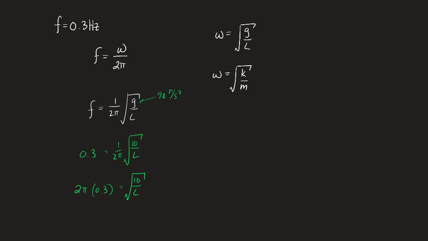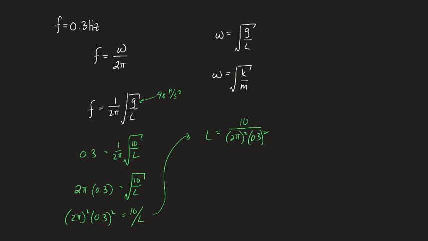Square both sides. And probably cross multiply or find some way of getting L by itself. I've noticed this is where you tend to make the biggest mistakes with algebra, trying to get something out of a denominator. This is it. Everything on the right is just a number.